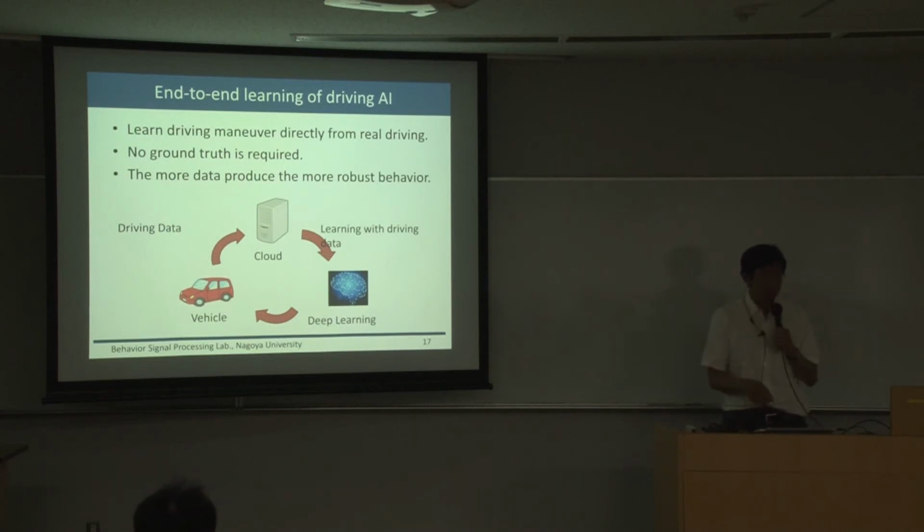For instance, in this case, end-to-end driving AI means just showing the speed and the frontal video, and then the neural network generates the driving maneuver, like steering wheel angles and also the gas pedal operation. So just complicated mapping. But still, it is believed that this kind of setup can perform very well.